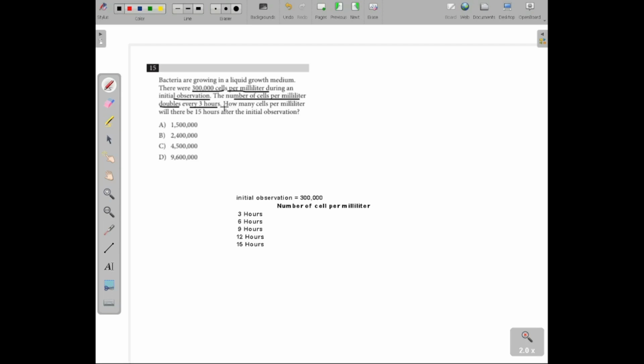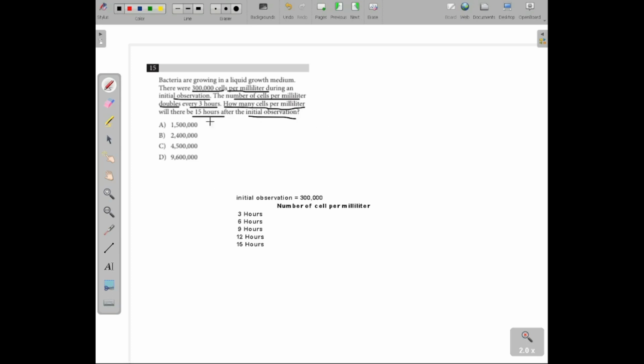We need to find how many cells per milliliter there will be 15 hours after the initial observation. So we need to find how many cells per milliliter will be there 15 hours after.